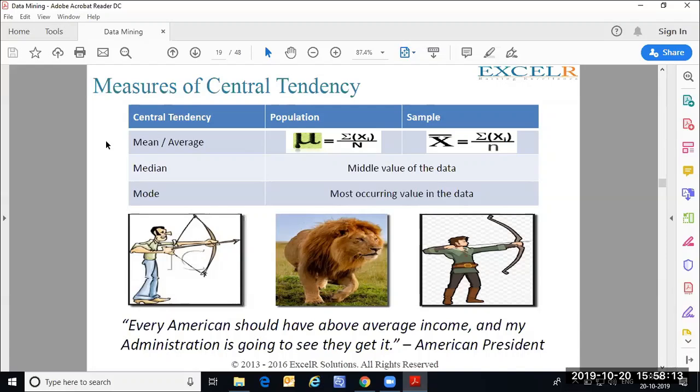On the univariate space, we need to understand how the data has been distributed. Towards that, the first step we are going to look at is measures of central tendency, which is also called the first moment of business decision.